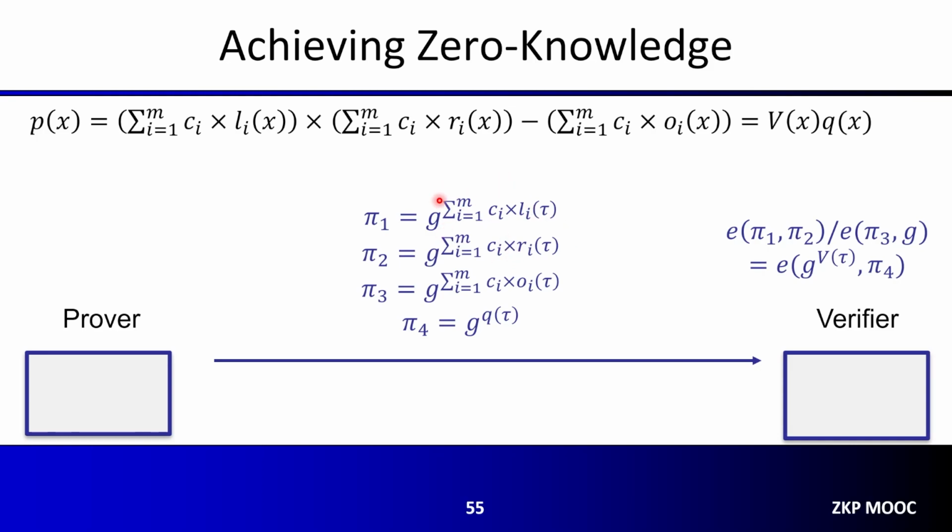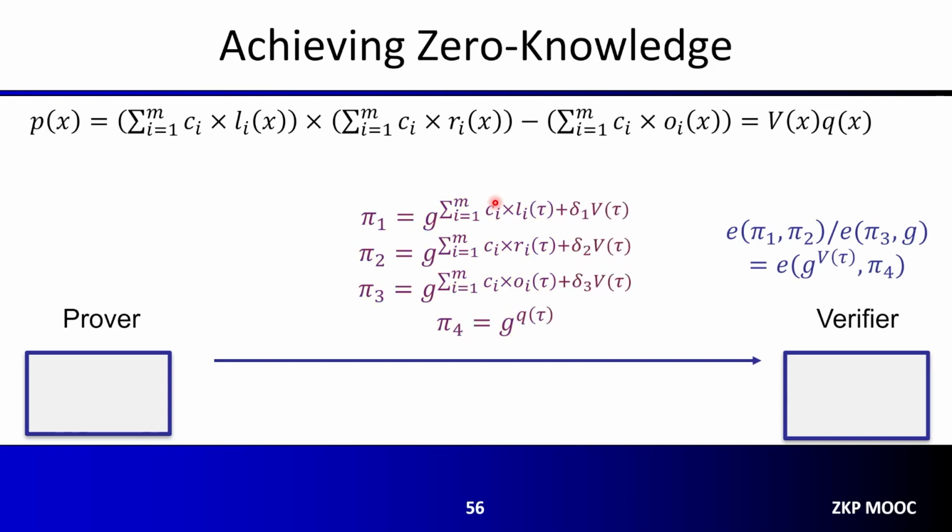And the way to fix it is to introduce some randomizers to randomize these proofs. And on top of Pinocchio, the zero knowledge version is fairly simple. The way to do it is to randomize this value by adding an extra term in the exponent. And again, you can try to add a random number, delta 1, delta 2, and delta 3 in the proofs, but then you realize that will ruin the relationship of these proofs, and the pairing equation to check no longer holds. So the right way to randomize it is to introduce delta 1 times the vanishing polynomial, t of tau, to each proof.